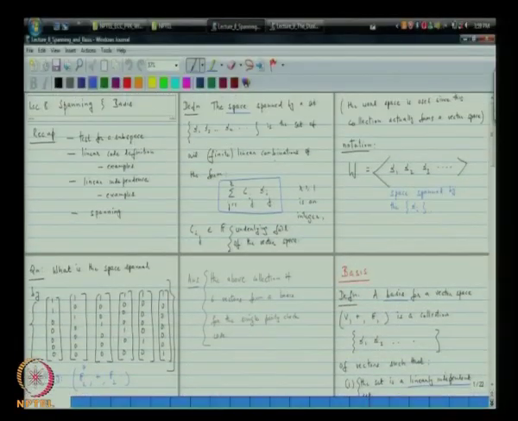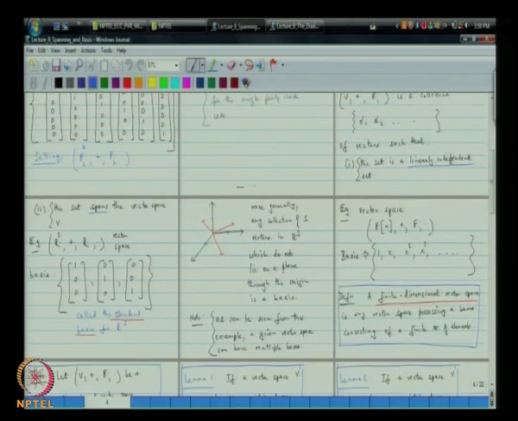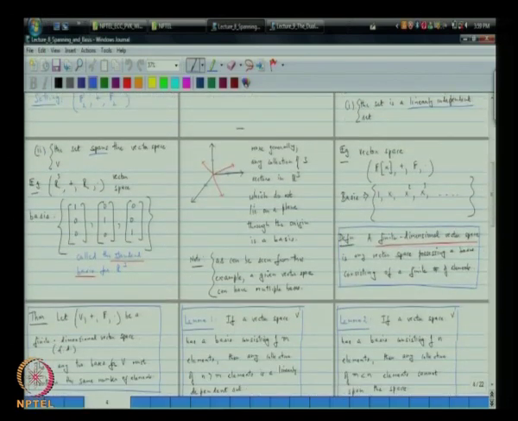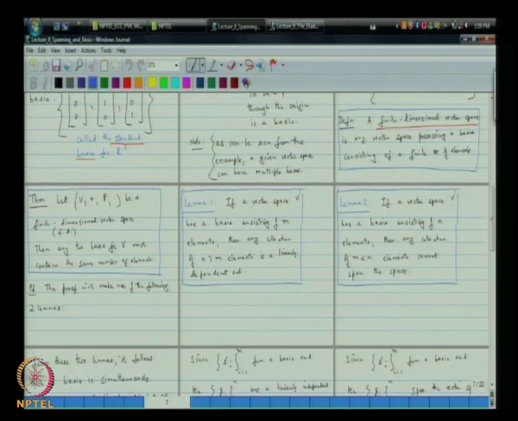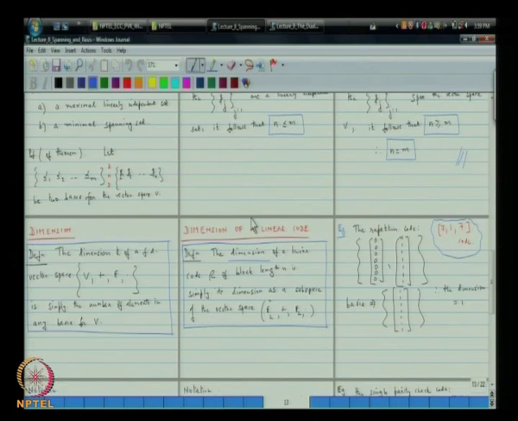Let me first begin with a quick overview of our last lecture. This is small for you to view, but hopefully by the time you are seeing this you will have a hard copy in your hands, so it should not be hard. Here is where we finished the discussion on spanning, then we talked about a basis. We proved that a basis contains the same number of elements.